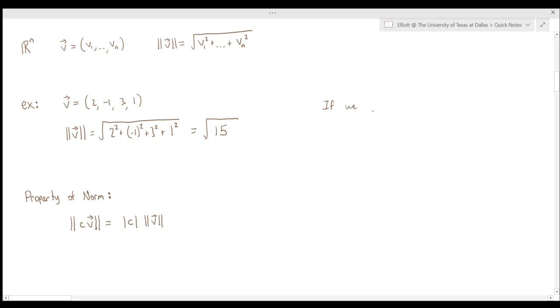If we want a vector in the same direction as v, but with a length equal to 1, what should I do in order to get this vector? Anyone know?